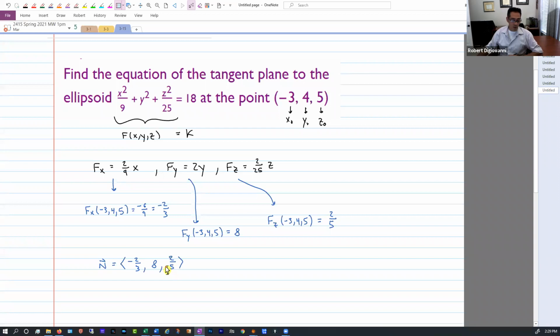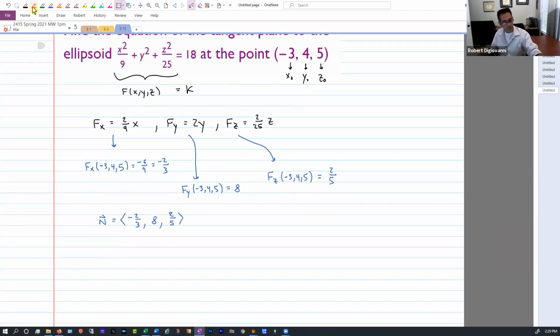And once I have the normal vector and the point, I can put it all together into the equation. So the equation of the plane, tangent plane. I had a double negative.